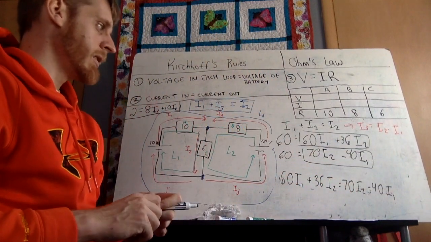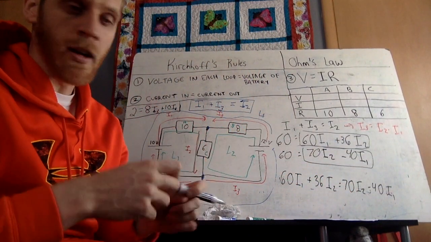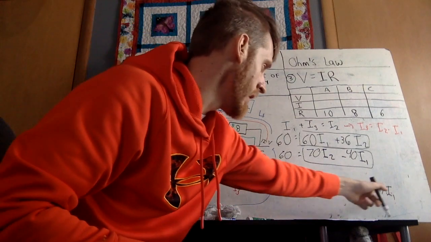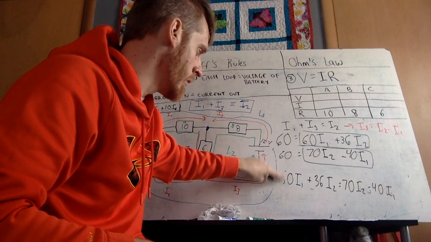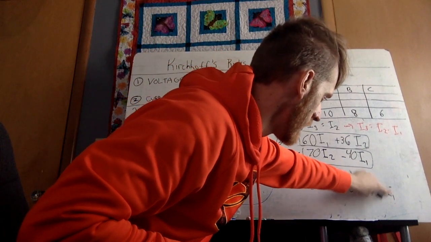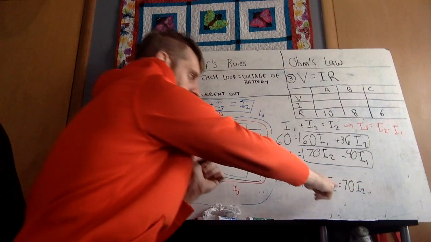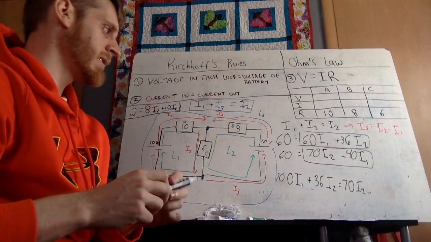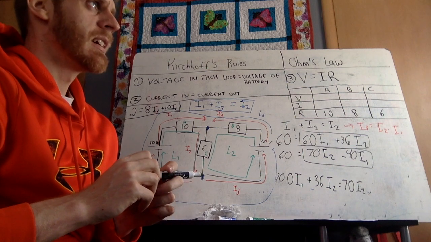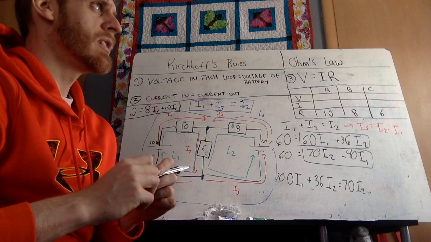All right, so now let's group all the I1s together, all the I2s together. I1 is 60. I would add 40 to this side, so I have 100 I1. That gets rid of this 40 over here. And then for I2, I would have 70 minus 36. I believe 70 minus 36 is 34.